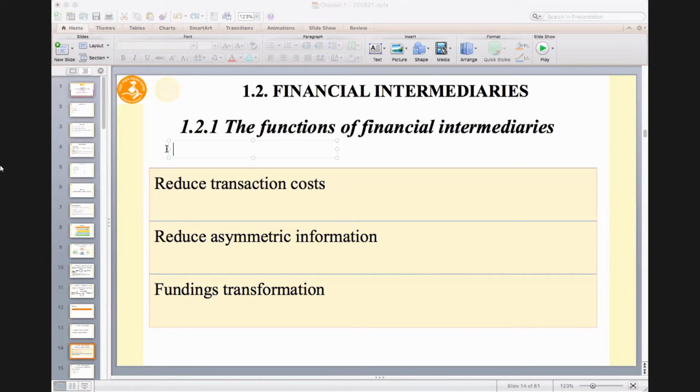What kind of cost can the FI reduce? And the second, how can financial intermediaries reduce it? The way they do it, and what kind of cost they can reduce.